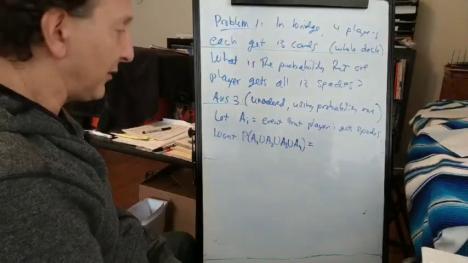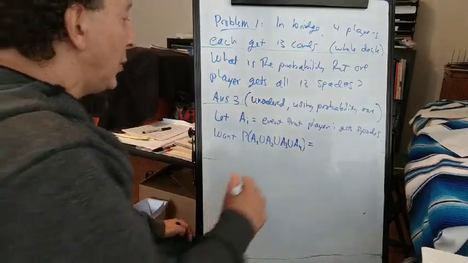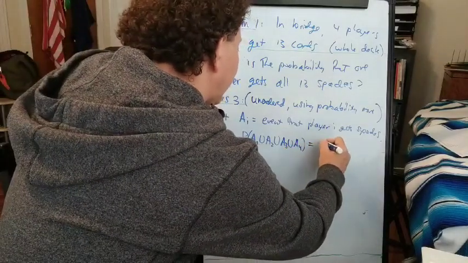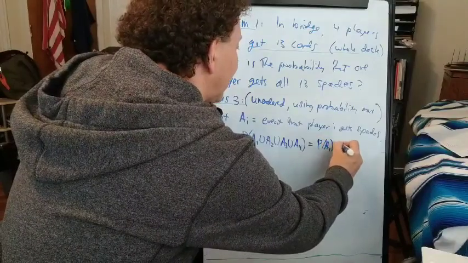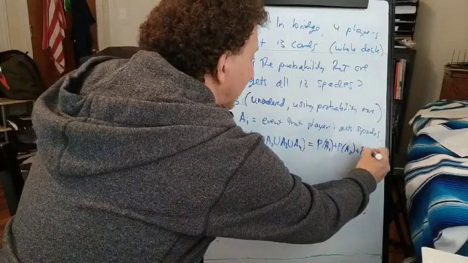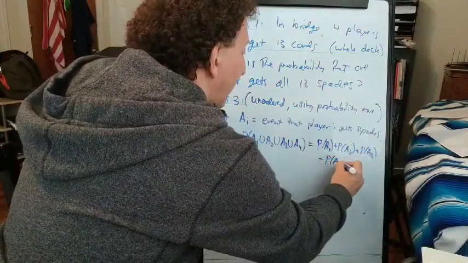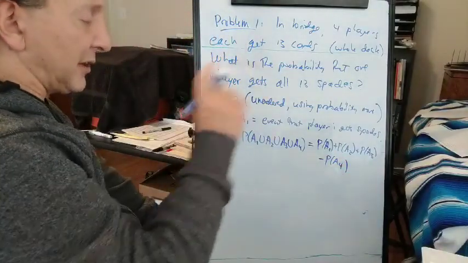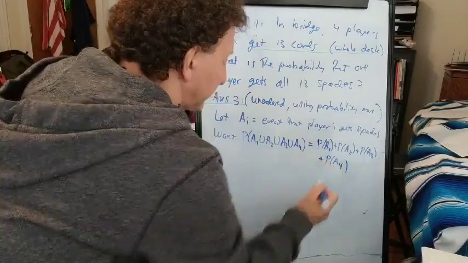Once player 1 gets all the spades, that's all the spades and nobody else gets any. So this is just the probability that player 1 gets all the spades plus the probability that player 2 gets all the spades. We can just add these together, and there's nothing to subtract because the intersections are all empty. Oops, plus.